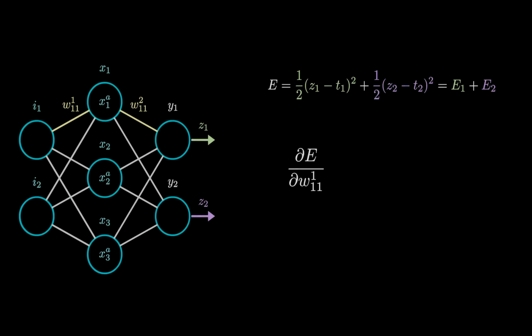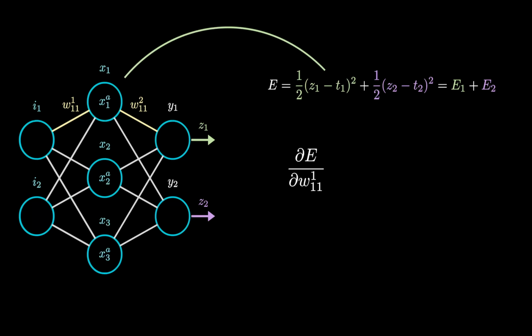To calculate how the error changes with respect to the weights in the hidden layers, we apply the chain rule once again and reuse some of the calculations from before. The process is similar, but here we observe that changes in the activated neuron in the hidden layer will impact each output neuron in the output layer.